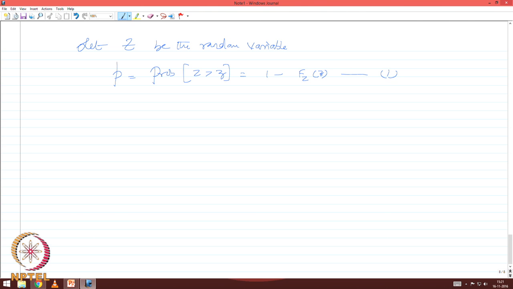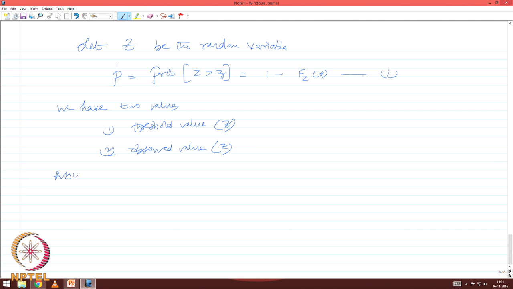Let us say we have two values, one is the threshold value, small z, the other is the observed value, capital Z. We want to know, given the set of observations, what is the probability that the observed value exceeds the threshold value, that is what we are interested in.